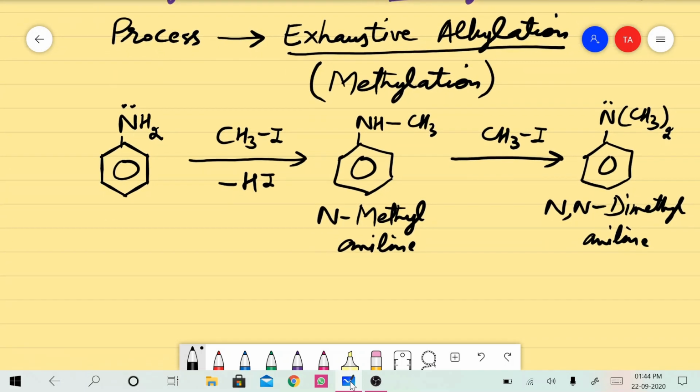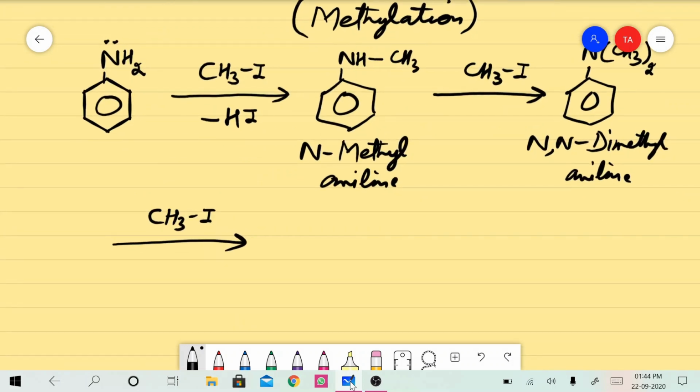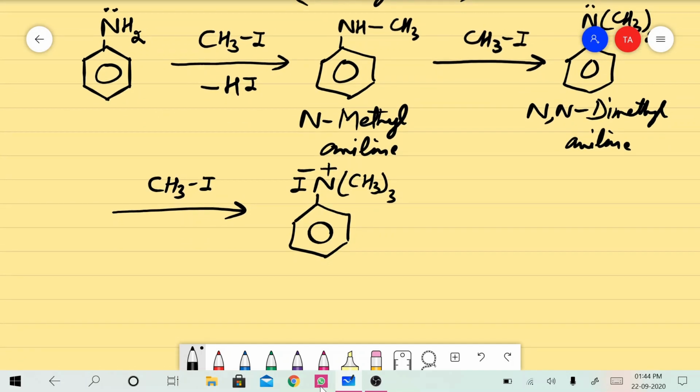Now this tertiary amine, that is N-dimethyl aniline, can react further with methyl iodide, and finally we get a quaternary salt and this quaternary salt is trimethyl anilinium iodide.